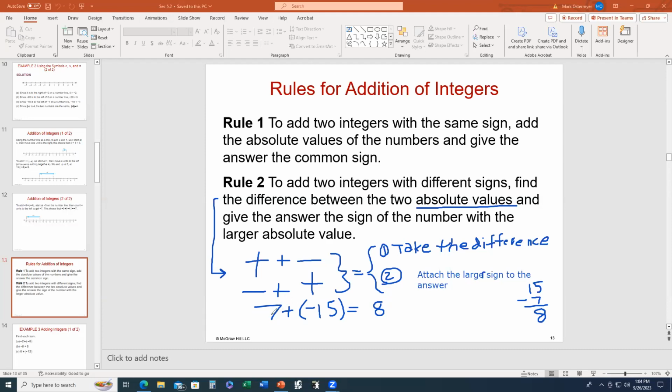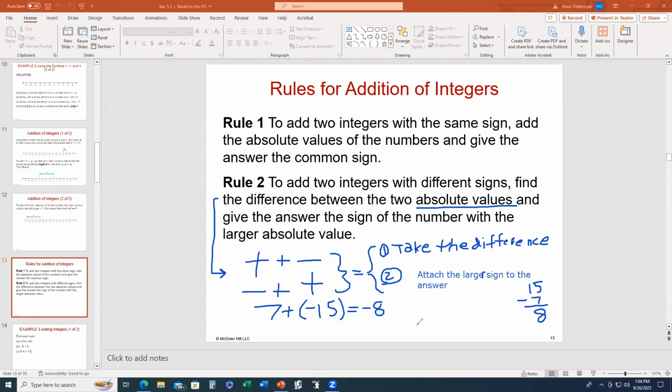And 15 is what? Negative. So our answer is what? Negative 8. I didn't say which number is larger between 7 and negative 15. I said, what number is larger between 7 and 15? 15 is, but since the 15 is negative, our answer must be negative.